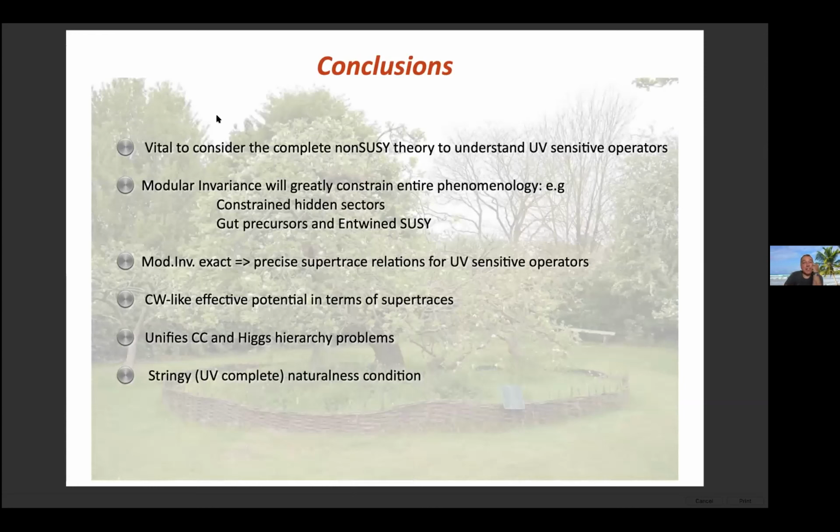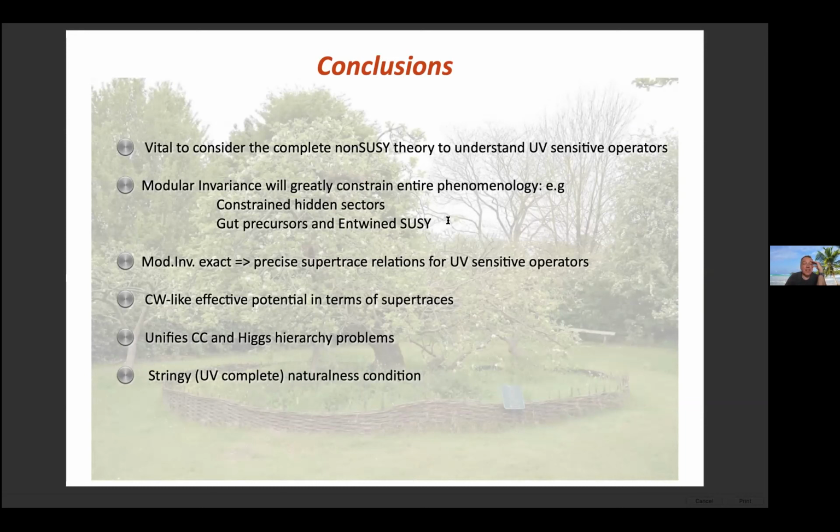Right, so to conclude, it's really vital to consider the complete non-supersymmetric theory to say something meaningful and new about UV-sensitive operators. In this particular example of theories, heterotic ones, modular invariance is really telling you an awful lot about what the phenomenology can be.